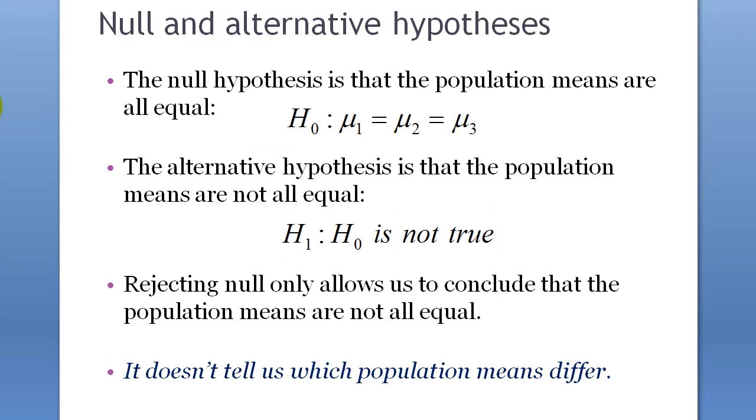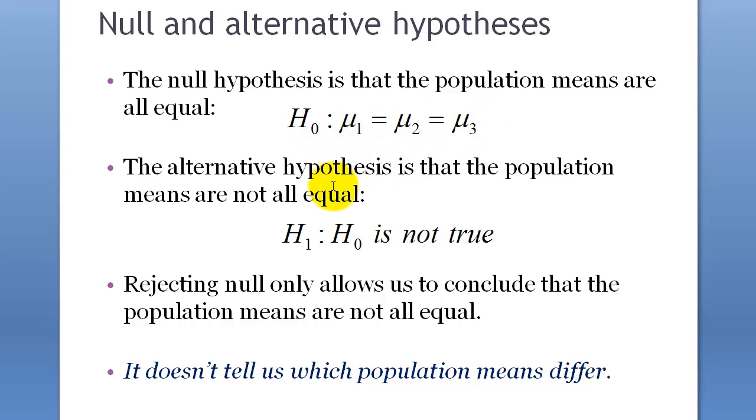How do we do that? The null hypothesis in ANOVA is like this, because we can't compare 1 and 2, 2 and 3, and 3 and 1 separately. That would require more than one null hypothesis. We just want to have one null hypothesis, and the only way we can do it is to put all these 3 together like this.